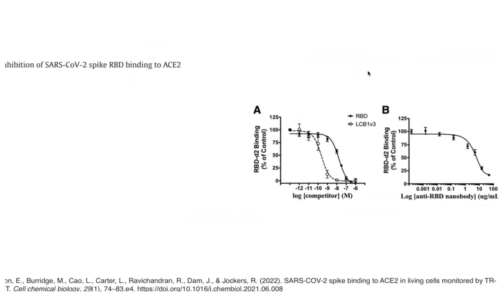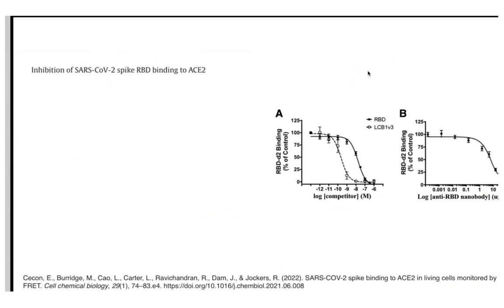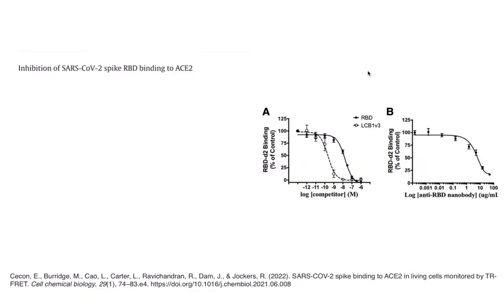Okay, so now they want to use this as a screen for inhibitors. So if an inhibitor is present, do we expect to see more FRET or less FRET? We would expect to see less FRET because you're not going to have as much of the interaction there. So if you were to mix competitor and your labeled RBD, the more competitor you have, the less labeled RBD will be bound.